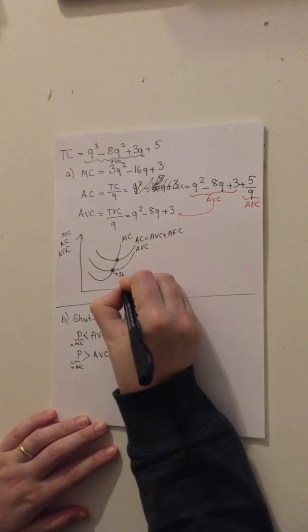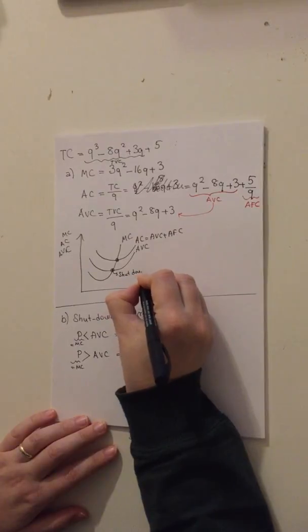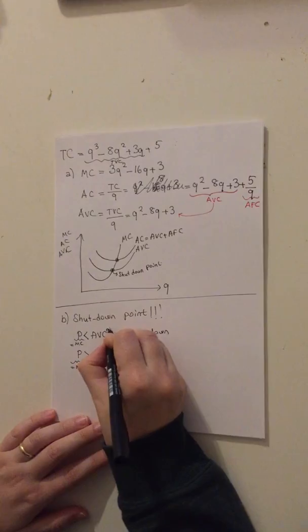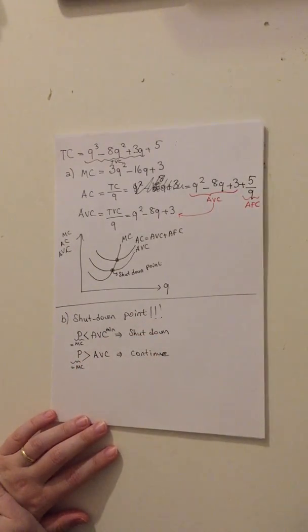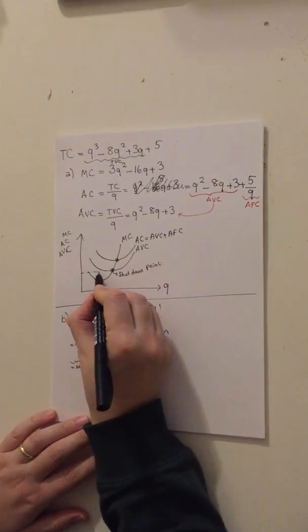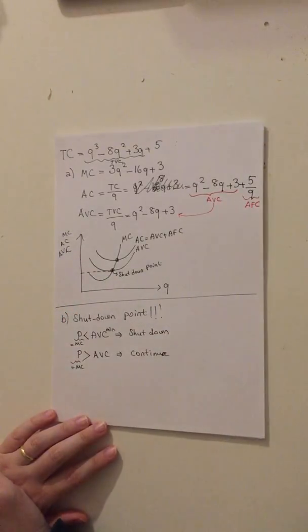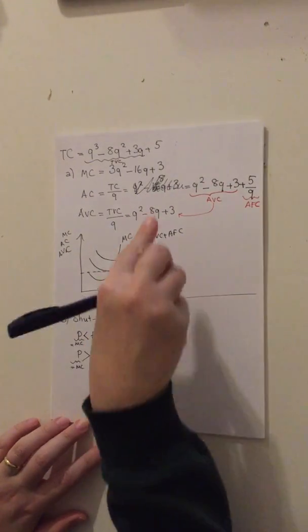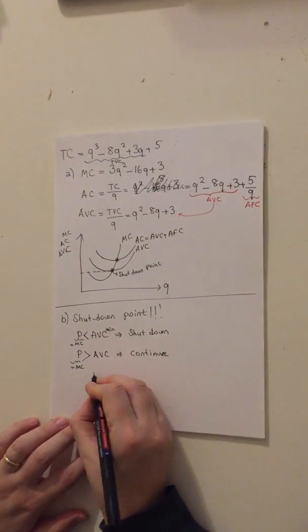So this point is the shutdown point. It's also the minimum point of the average variable cost. So we will find the shutdown point to learn the minimum price at which the firm wants to continue its business.